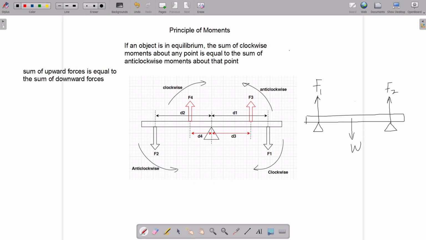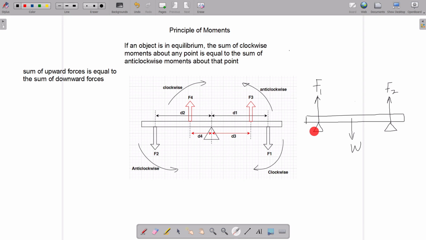How do you deal with a question like this? The question will typically not tell you where you should take the moments from. You can consider moments about this point or about that point. Now, if you are taking moments about this particular point, then the force F1 that is acting here would have no moment because it is acting from the same point, and so the distance is going to be 0.